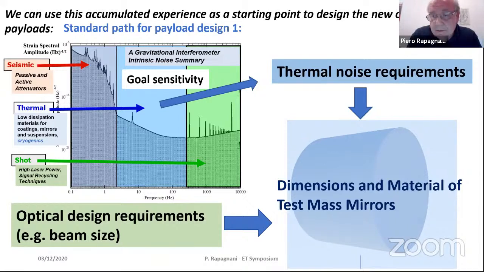So we start, as usual, with the sensitivity and the optical design, the requirements from the optical design to determine the mass, the material, and also the aspect ratio, that is the diameter and the thickness of the mirror. This is very important for the design of the payload.